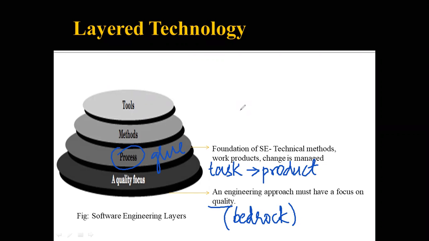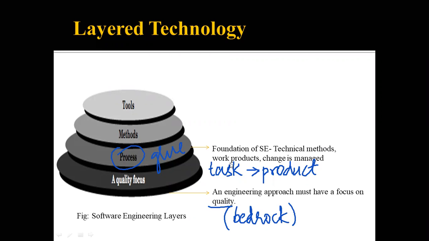This process ensures this. Now, in the foundation of software engineering, you've got technical methods, work products, and change management. Technical methods are the different methods that you're going to use, and you first identify what methods you're going to use.